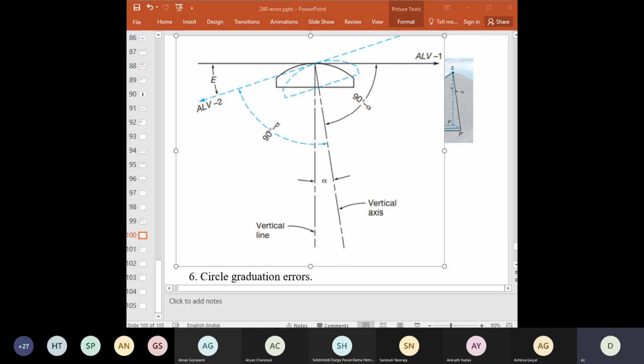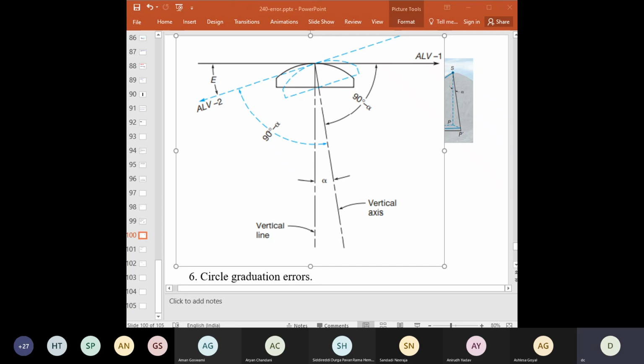Okay. And after turning the telescope 180 degrees, it points left, and the axis of the level vial in the position indicated by the dashed line ALV2 is the orientation of the telescope.